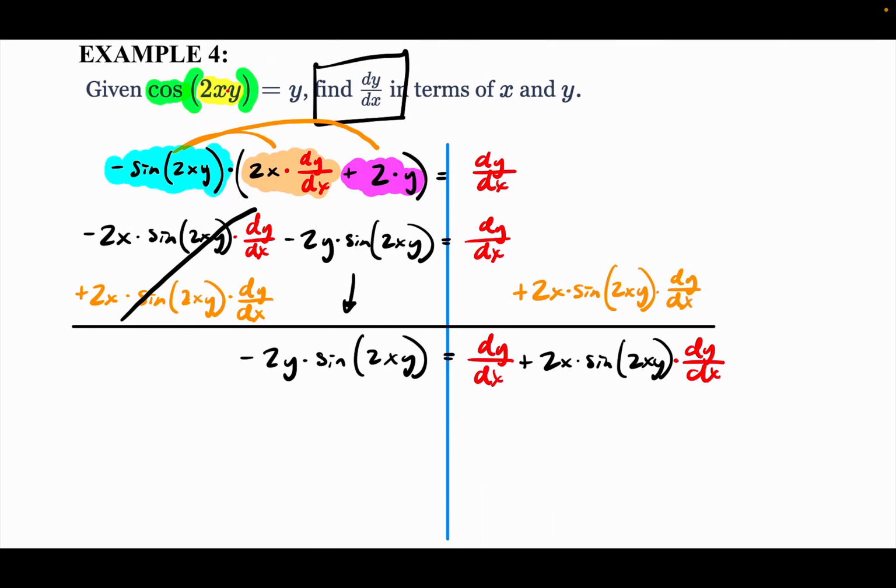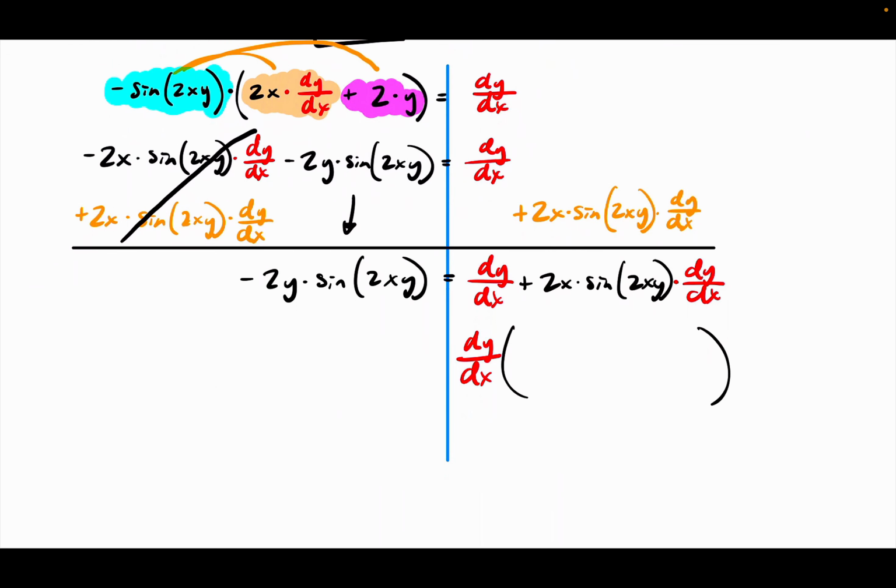So I have two dy dx's on the other side, so the GCF, what's going to be in parentheses? If I take away this guy and I take away this guy, you can put a 1. Yeah, it's going to be a 1 there. A 1 plus 2x times sine of, oops, sorry, not x, 2xy.